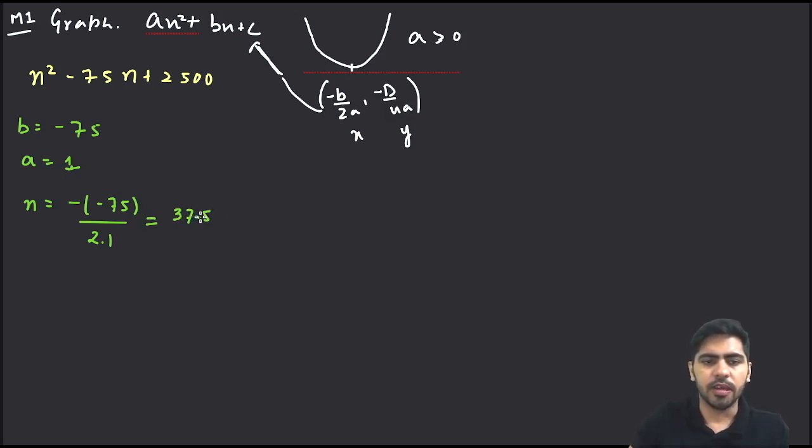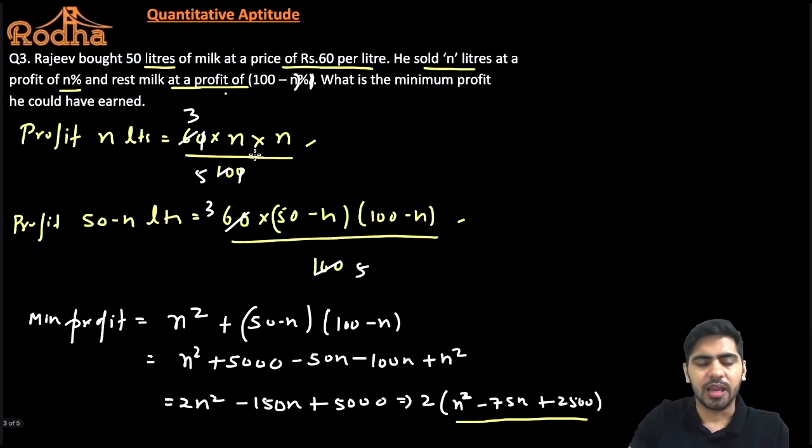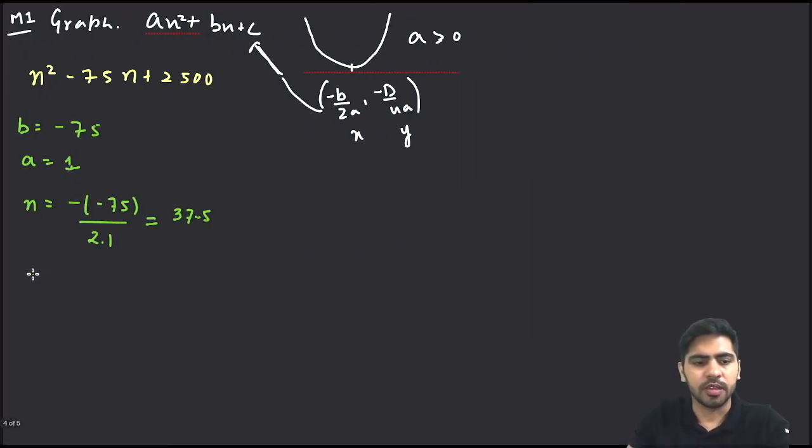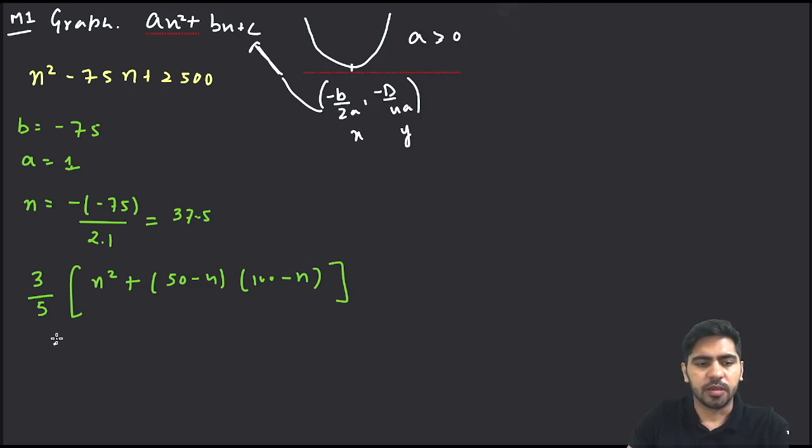And what is my minimum profit? If I go back, I can say it is nothing but 3 by 5 into n square plus 3 by 5 into 50 minus n into 100 minus n. So my minimum profit is, 3 by 5 is common, n square plus 50 minus n into 100 minus n. So if you substitute the value of n as 37.5 in this equation, you'll get your required minimum profit, which will be 3 by 5 into 37.5 whole square plus 50 minus 37.5.